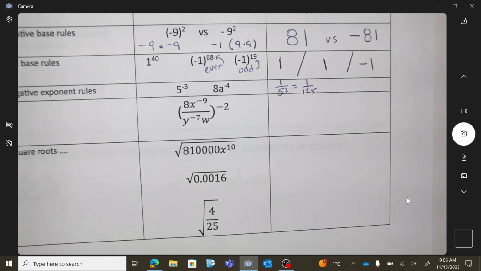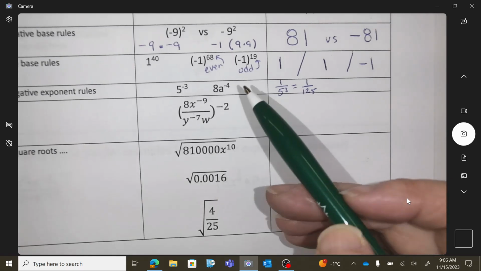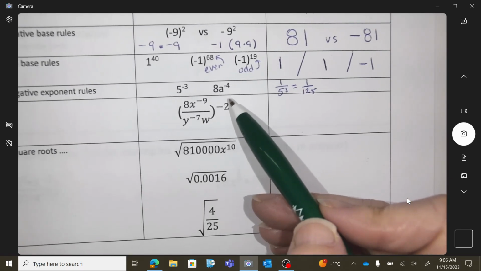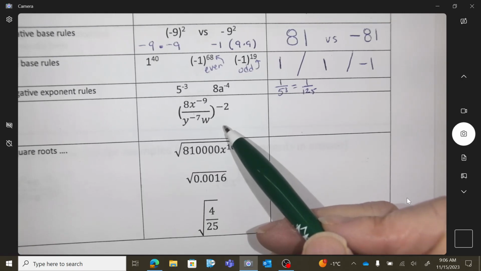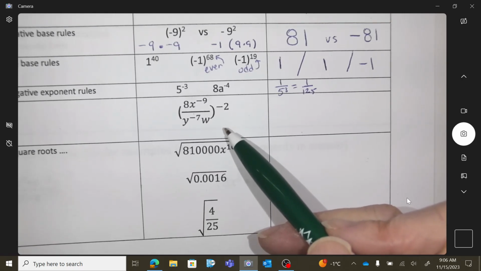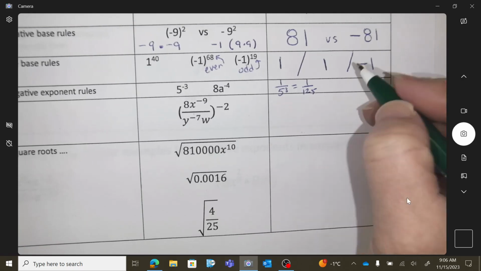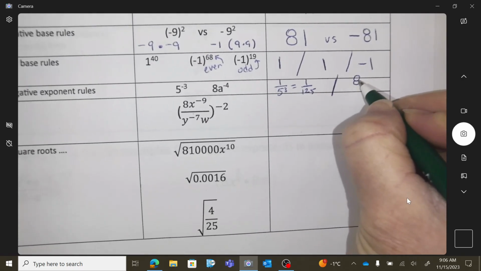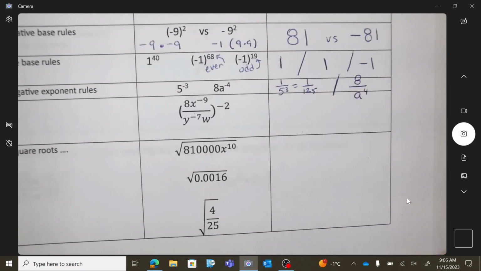Okay, so the next one, there's a negative exponent, so there's going to be a move. But some of you will probably get tricked by this. Do you know that I don't move the 8? Does the 8 have a negative coefficient attached to it?